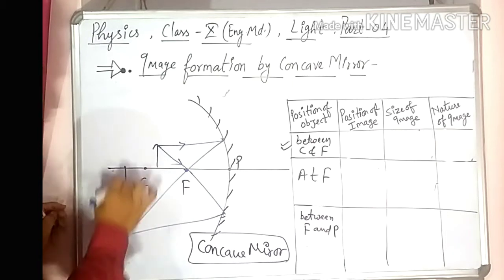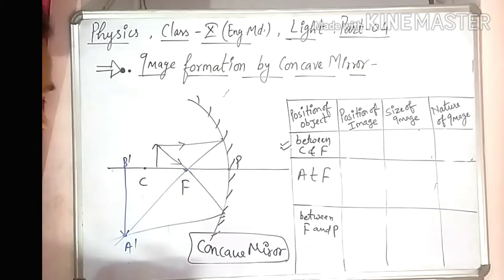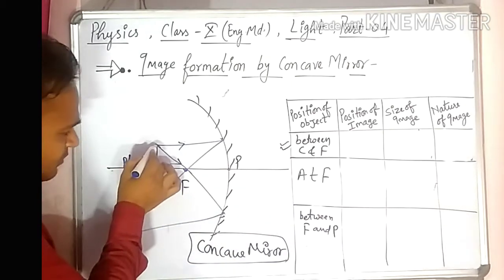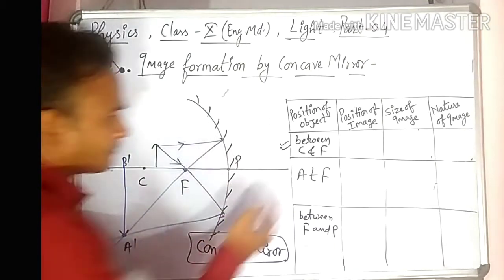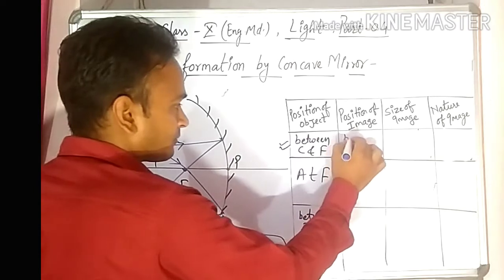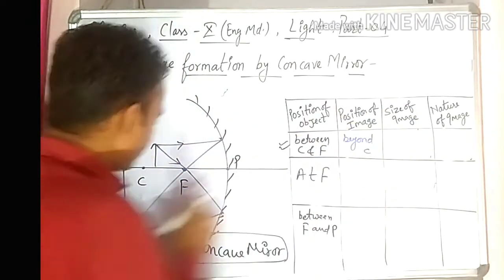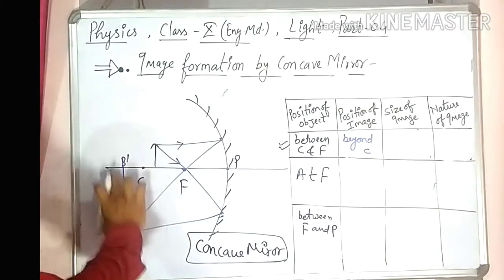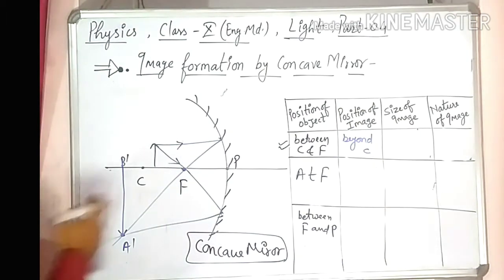beyond C, that is A dash, B dash. The ray from the pole will also meet here. Position of image, where is it formed? Beyond C. Size of image, smaller than the object or larger than the object? The object is small and the image is large.